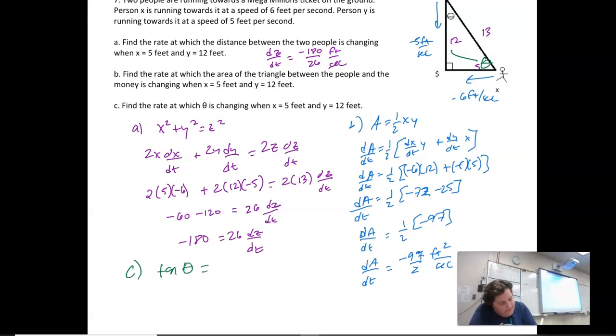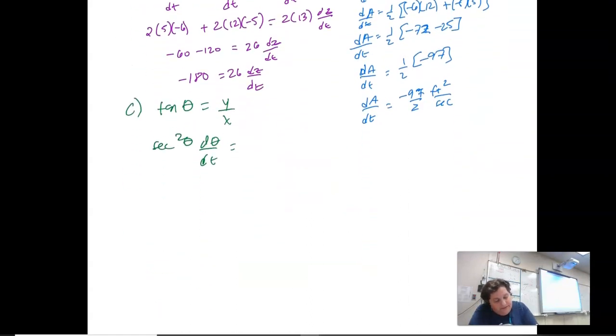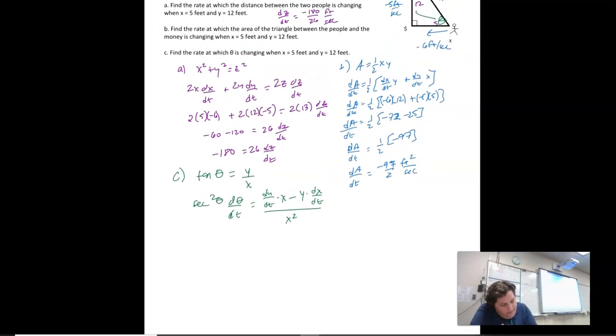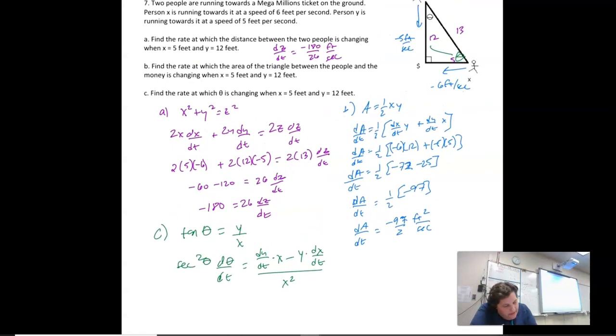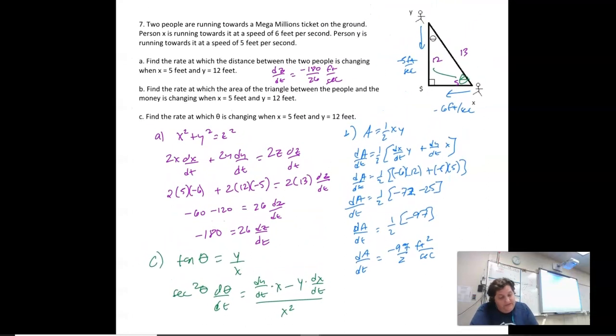Okay, so tangent theta is opposite over adjacent. The derivative of tangent is secant squared, and then I'm going to do a quotient rule right here: derivative of the top times bottom minus top times derivative of bottom, over the bottom squared. I've got to figure out what secant squared is.